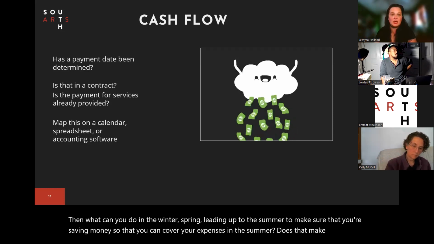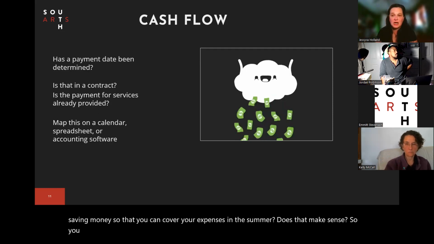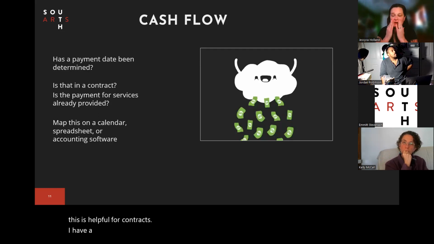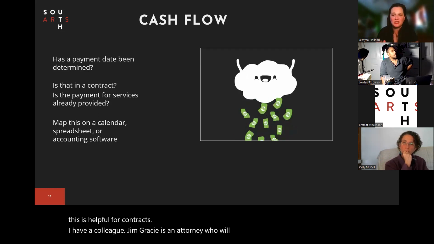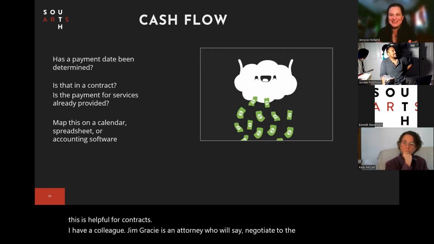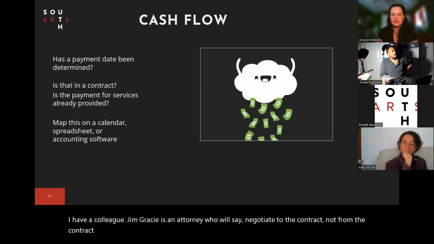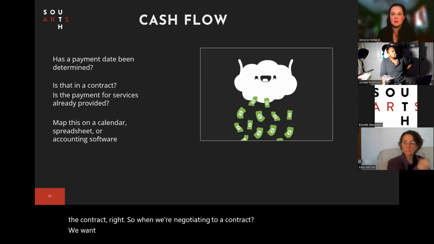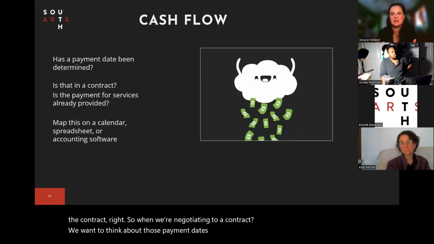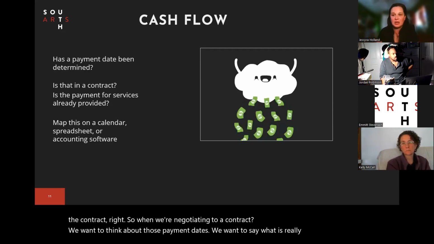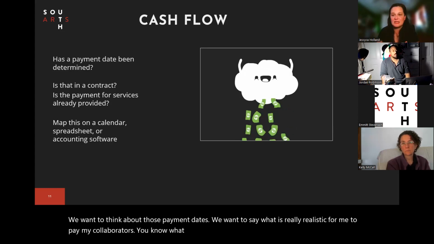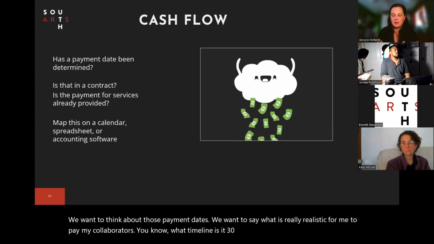So, this is helpful for contracts. I have a colleague, Jim Grace, who's an attorney, who will say negotiate to the contract, not from the contract, right? So when we're negotiating to a contract, we want to think about those payment dates. We want to say, what is really realistic for me to pay my collaborators? What timeline? Is it 30 days from the end of a project?